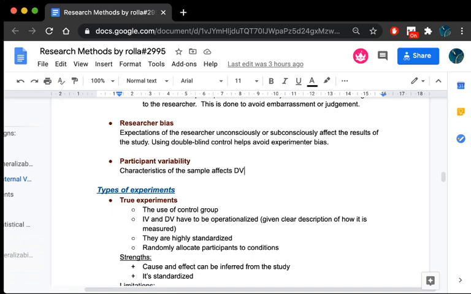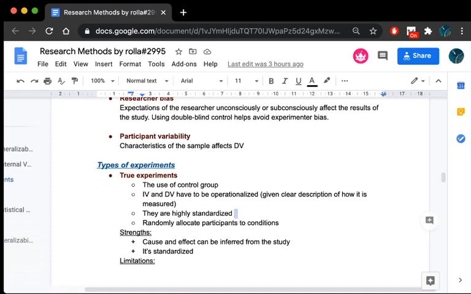However, it might be that it's affected by them. To prevent this, they usually do double-blind control. And then participant variability, which we already talked about before: the characteristics of the sample affect the dependent variable.